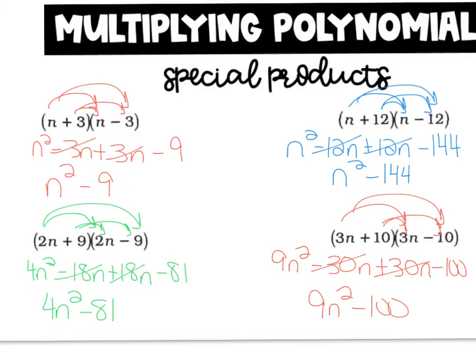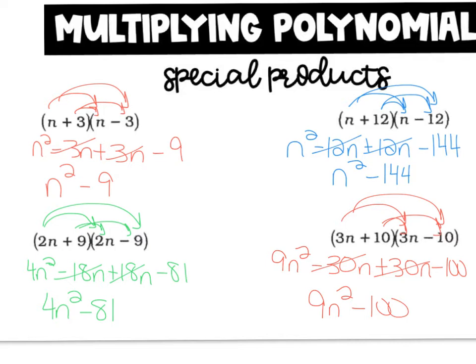So I ended up here with a minus 12n and a plus 12n. That cancels. Minus 18n plus 18n cancels. So when you have 2 binomials that look exactly the same except for a plus and a minus, the 2 middle terms should cancel and you end up with this, okay?